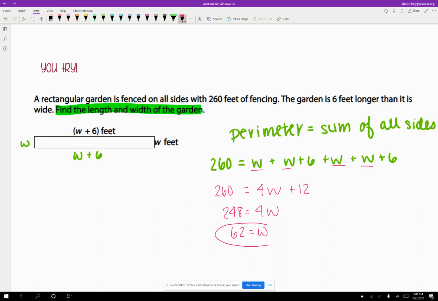Now remember, we're solving for both length and width, and 62 is only the width, so we need to plug that in for the length and say 62 plus 6 to get 68. And we make sure to have units in both of our answers.